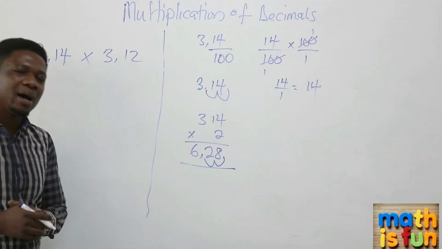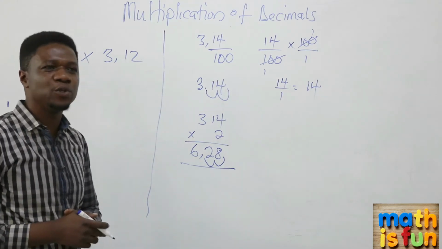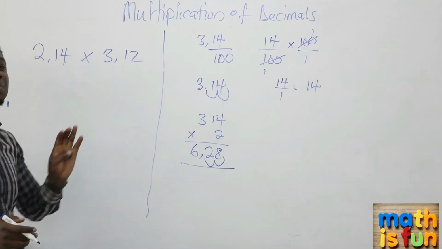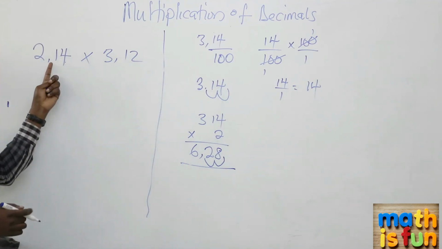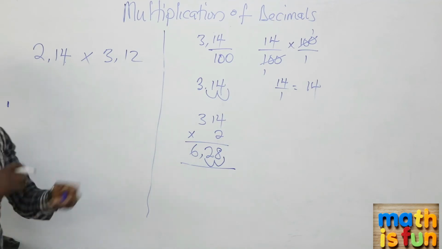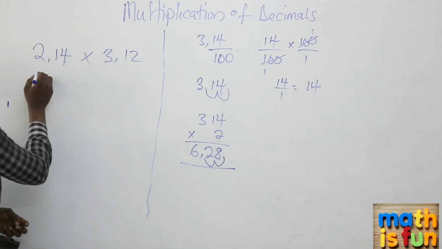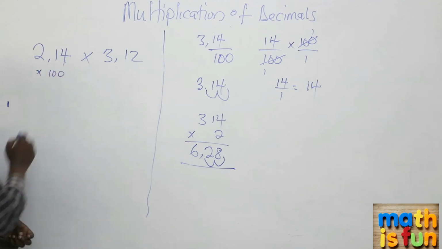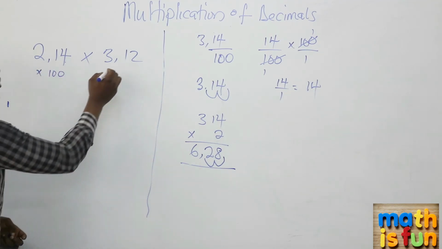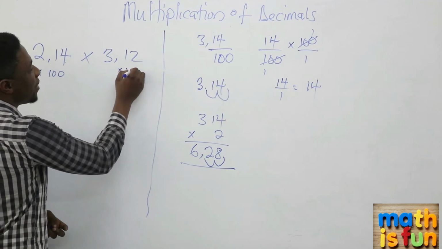Yes, there is also a way for you to go around this one. As we said earlier, since we have 2 decimal places here, it is more or less like multiplying it by 100. So I'll multiply here by 100. Good. Then I'll multiply this one by 100.